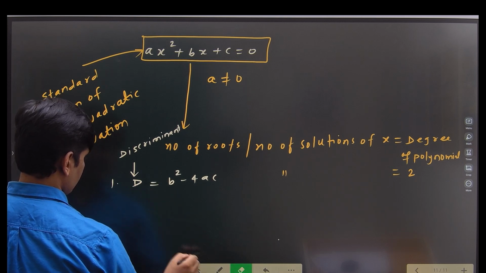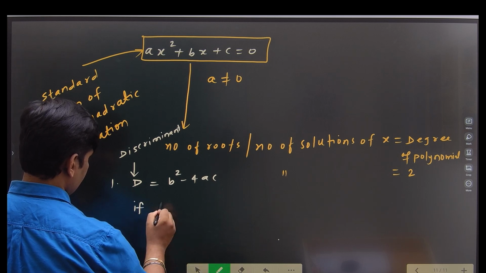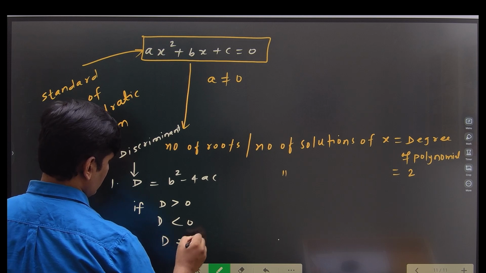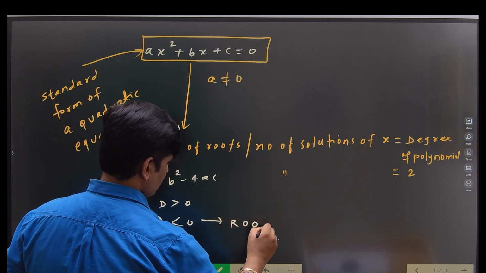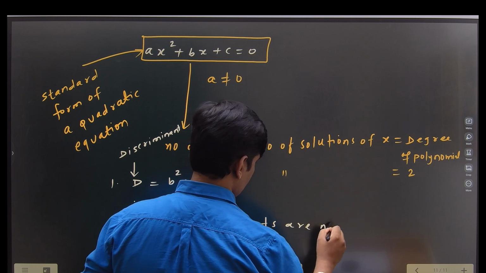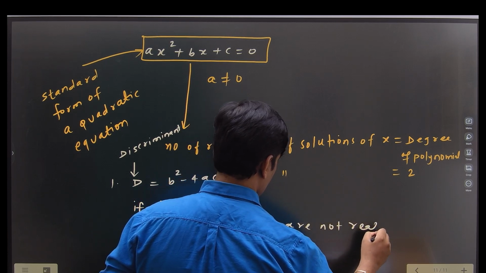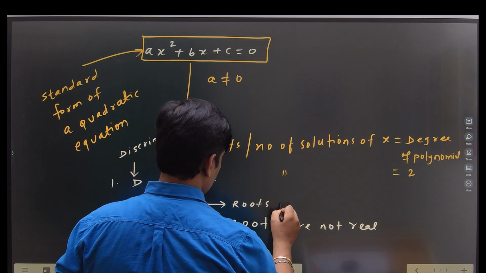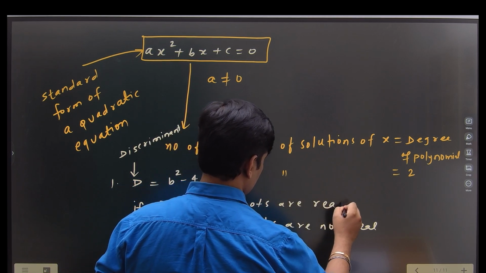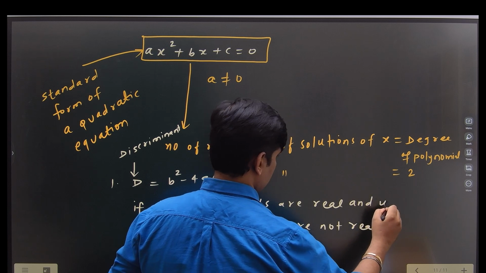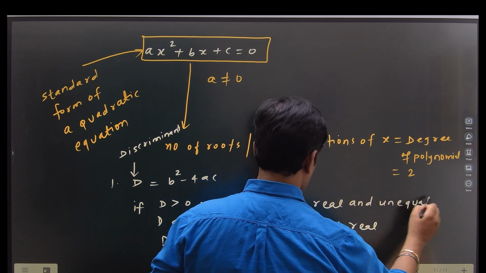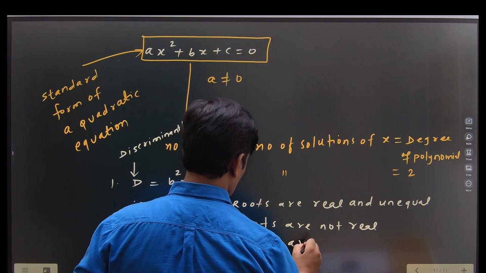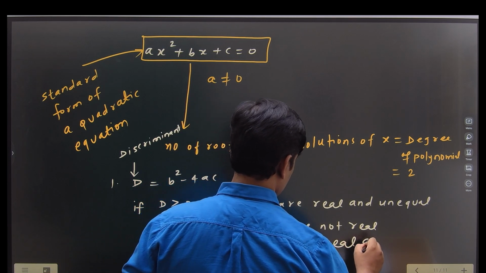If D is greater than 0, D lesser than 0, D equal to 0: roots are not real, roots are real and unequal, roots are real and equal.